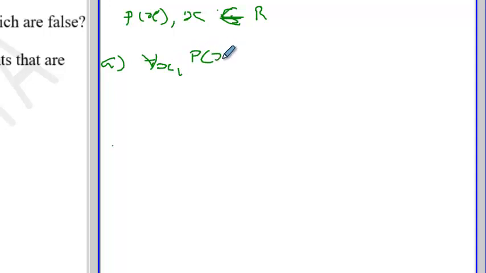P of x is such that x is greater than 2 implies x is greater than 1, and we have x belonging to the real numbers.